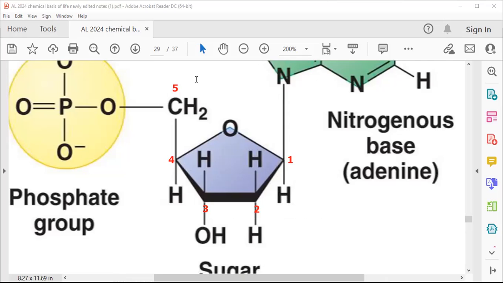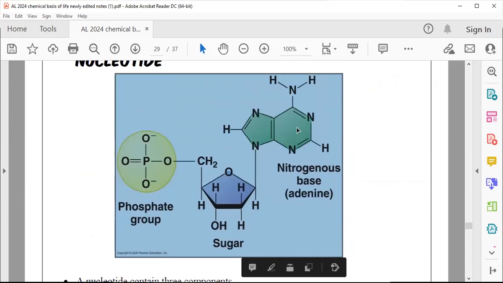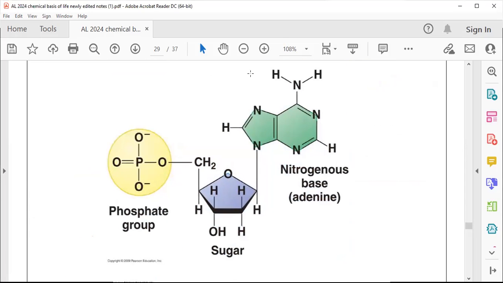Done, sir. Right. My point is this. In this diagram, according to your numbering, the nitrogenous base, this whole thing, is attached to which carbon of the sugar? First carbon of the sugar. Agree? Yes, sir. Right.